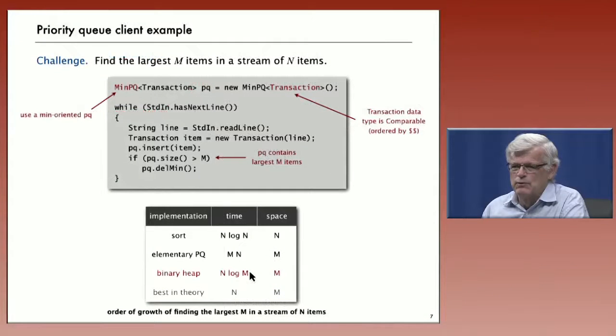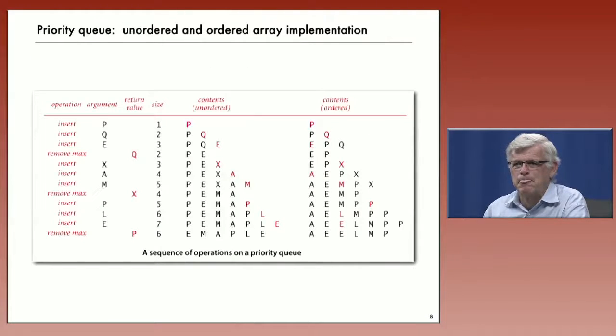What we'll look at is a very simple and practical implementation using a data structure called the binary heap that gets the job done in time proportional to N log M in only M space. And that's pretty close to the best that we could do in theory, and is a very important and useful practical implementation and data structure.